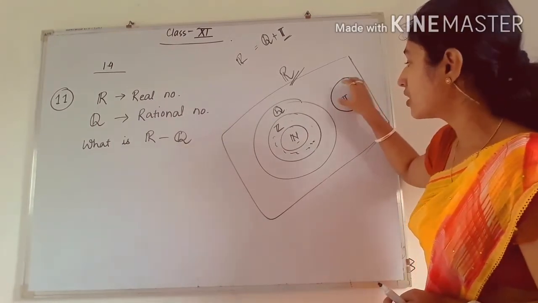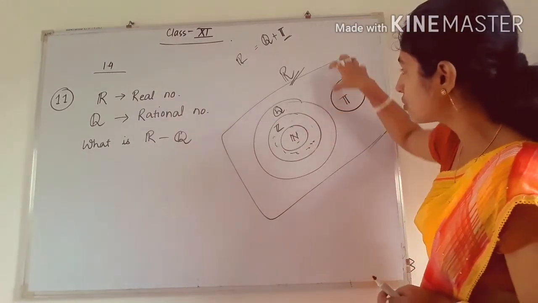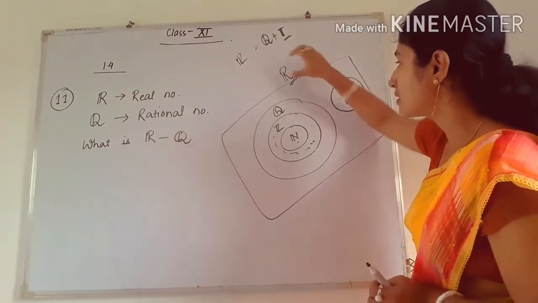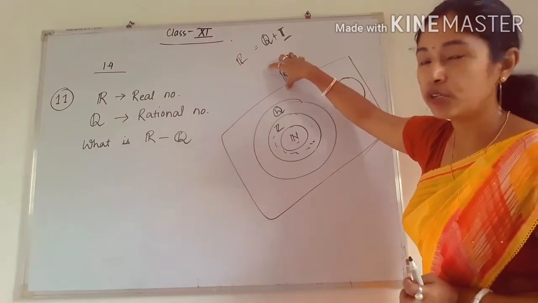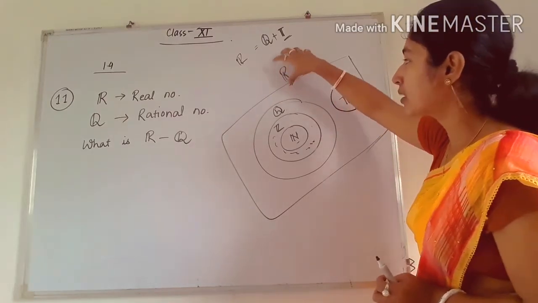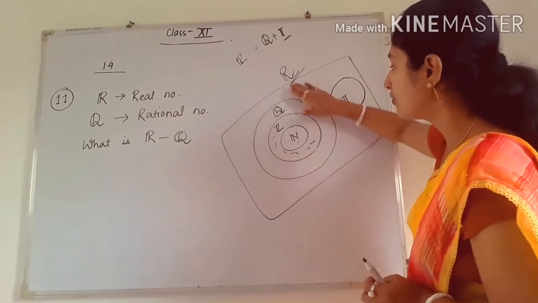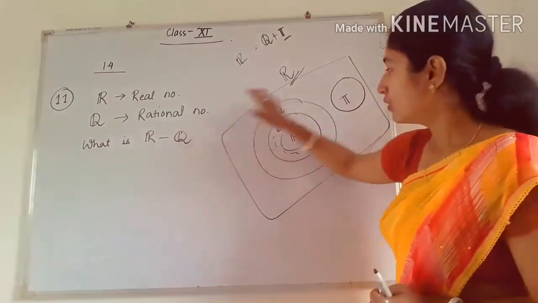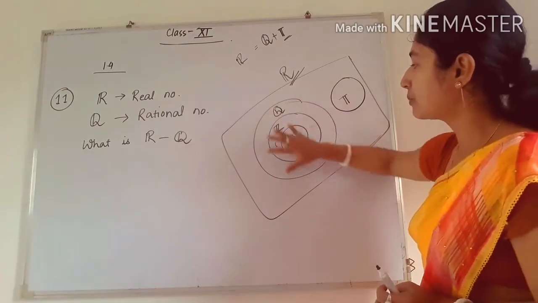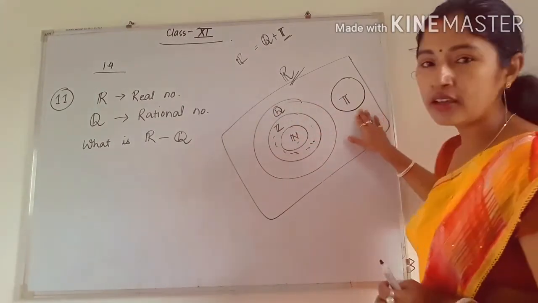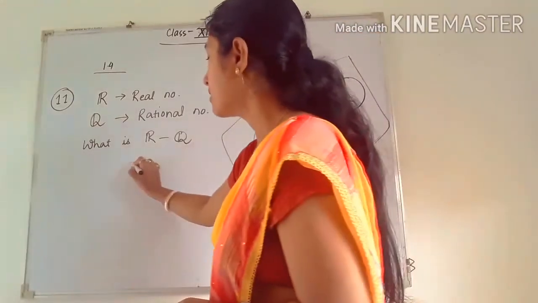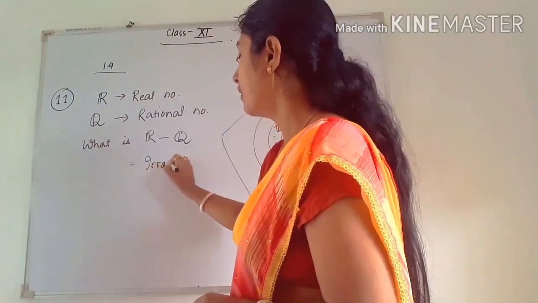This irrational and this rational part together make the total part, which is kept inside the real numbers. When we subtract Q, this whole part, from the real numbers, what will be remaining? Yes, irrational numbers. So the answer is irrational numbers.